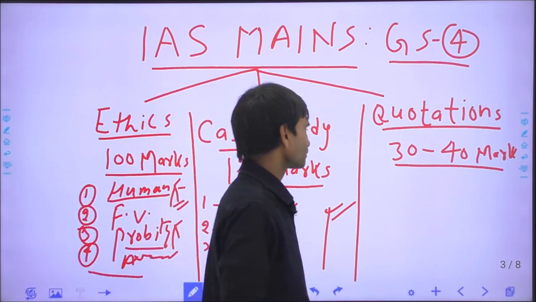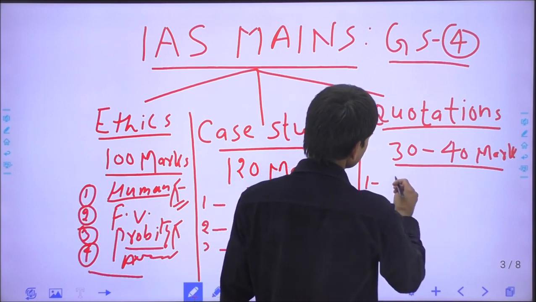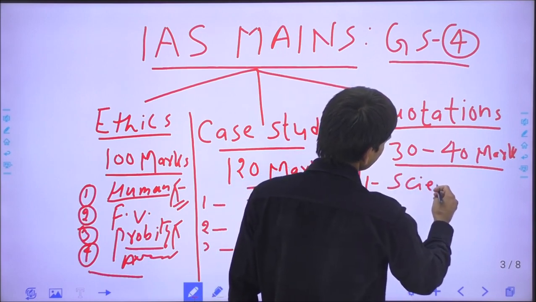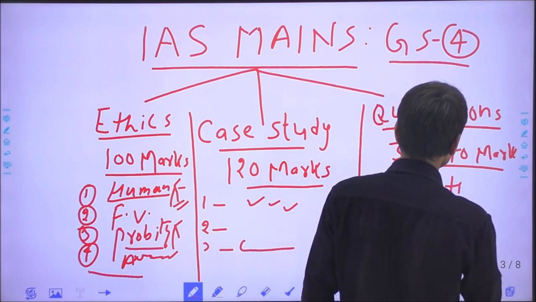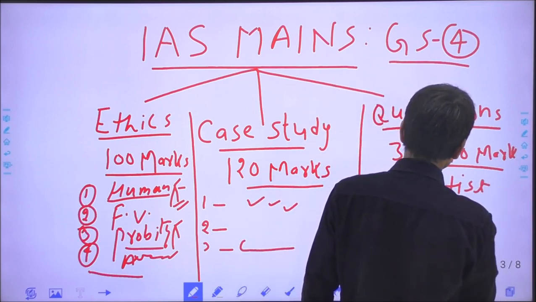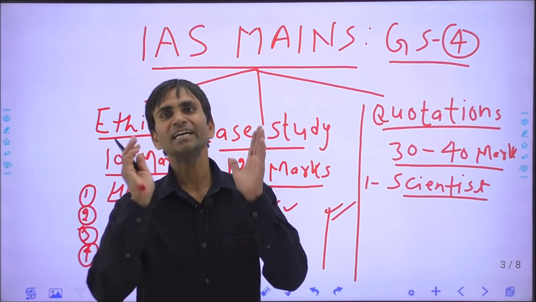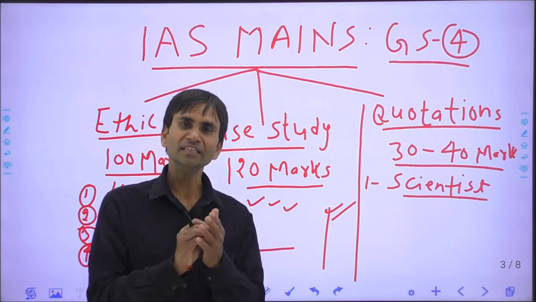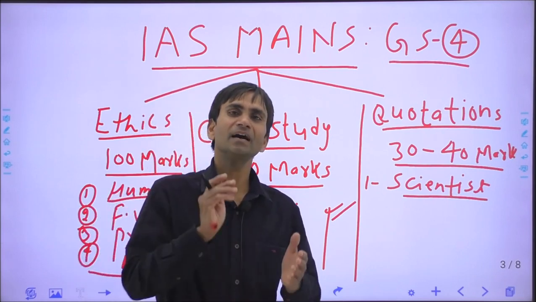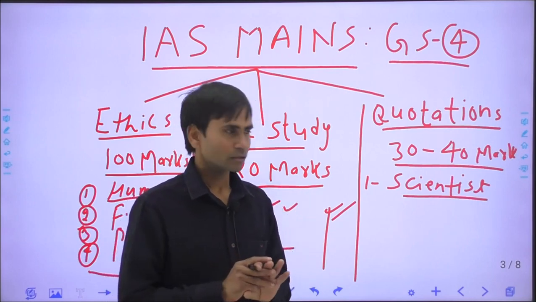For example, the important quotation of a scientist, APJ Kalam. Many statements of APJ Kalam, Mahatma Gandhi, Abraham Lincoln have been asked by the UPSC in previous years' question papers.